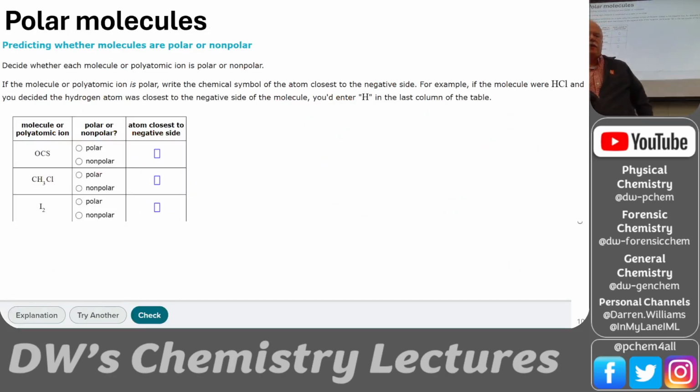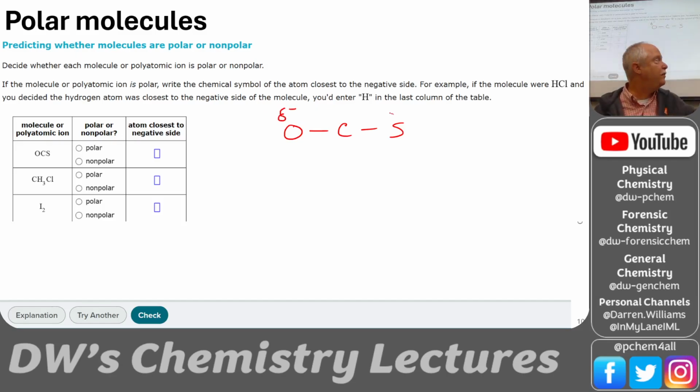Okay, so let's do something different. Wake you guys up. All right, so now we've got a prediction of whether these molecules will be polar or nonpolar. Here we have OCS. If they're different atoms, the oxygen is more electronegative, so it's going to be partially negative, and the sulfur is going to be partially positive.